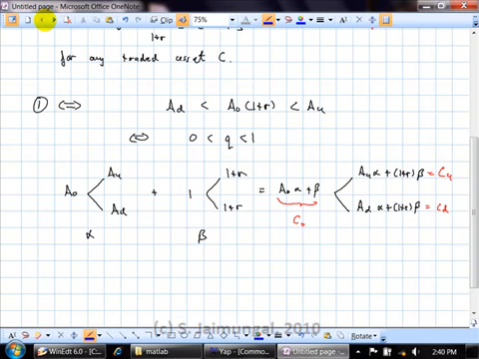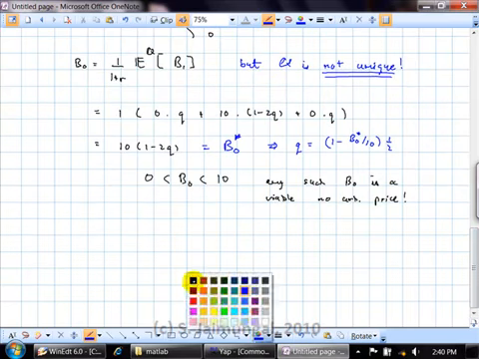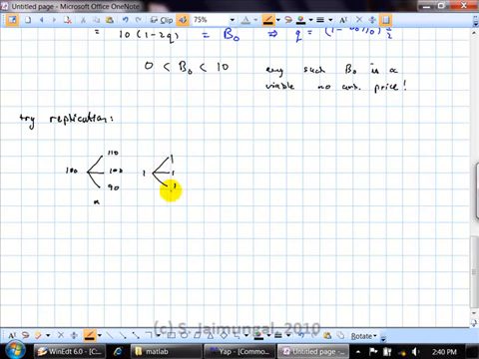Now imagine attempting to do this replication in your current situation, where you have three outcomes. There are two traded assets. So let's try replication, okay? We've got 100, 100, 110, 90, alpha, 1, 1, 1, 1.